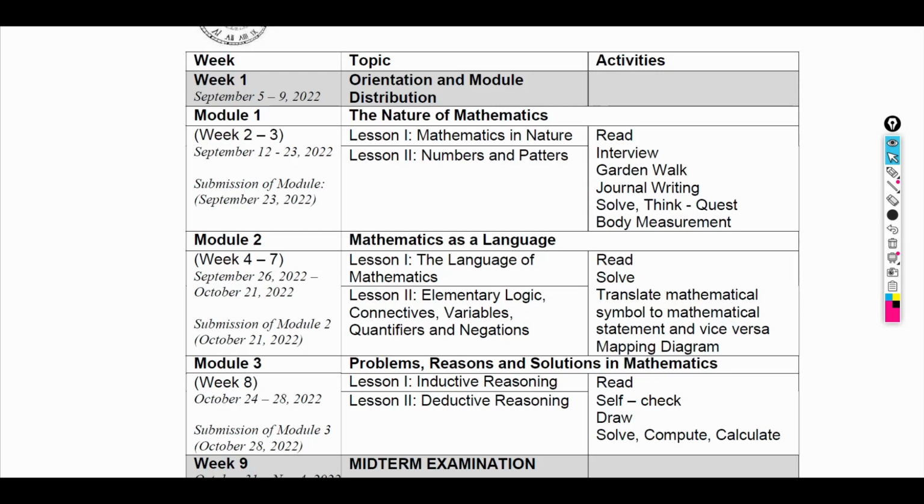For module 2 also, you will have weeks 4, 5, 6, 7.